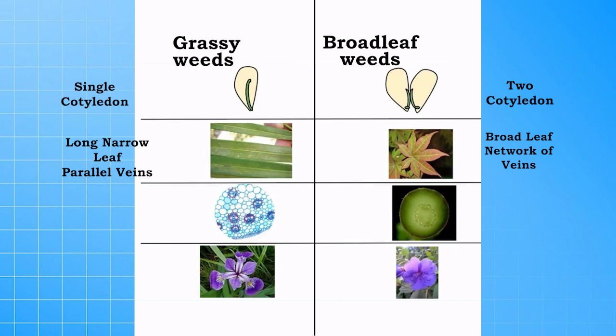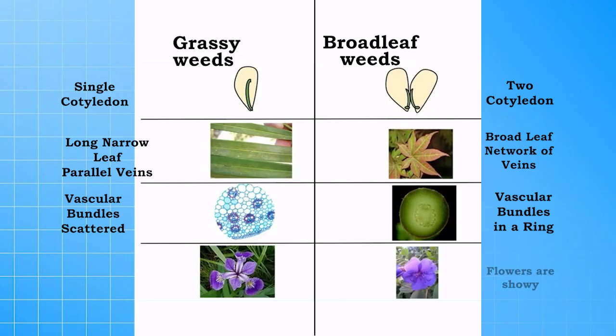The veins of the broadleaf weeds are netted or branched, whereas the narrow-leafed weeds have parallel veins. The broad-leafed weeds have branched stems, whereas the narrow-leafed weeds have unbranched stems. The flowers of the broad-leafed weeds are showy, whereas the narrow-leafed weeds have inconspicuous flowers.